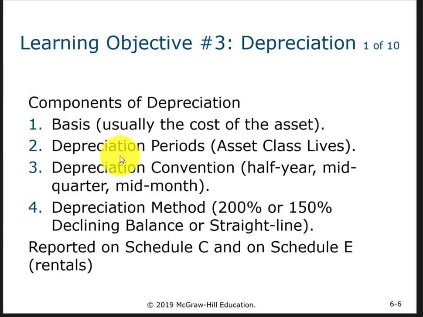We have what are called depreciation conventions. What do we do with assets that are bought during the year? Do we have to calculate part of the year depreciation, or what do we do? Well, to try to make life easy, they have built depreciation tables. The depreciation tables that are provided to you in your textbook assume the half-year convention, meaning that you have half of a year of depreciation in the year you bought the asset and the half year at the end.